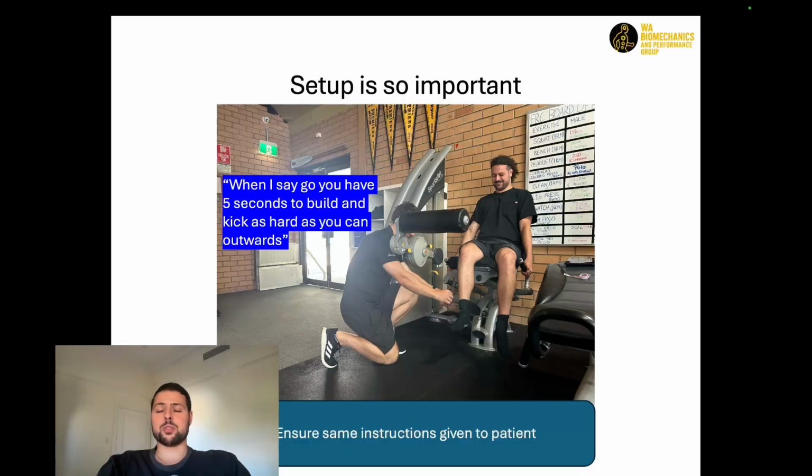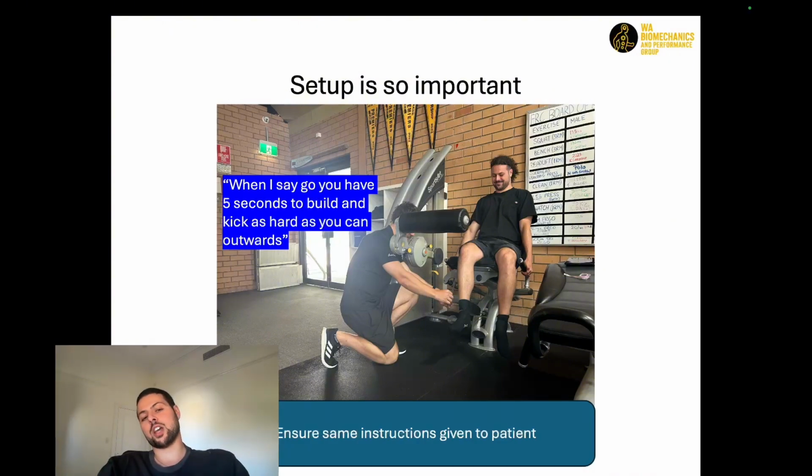This is one of the most important things as well. We want to ensure the same instructions are given to your patient each time. And we want to make sure that the instructions reflect what you're trying to find out. So if I want to find out the person's peak force expression, then I want to cue for peak force expression, right?